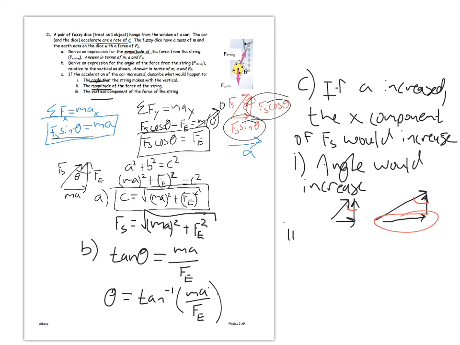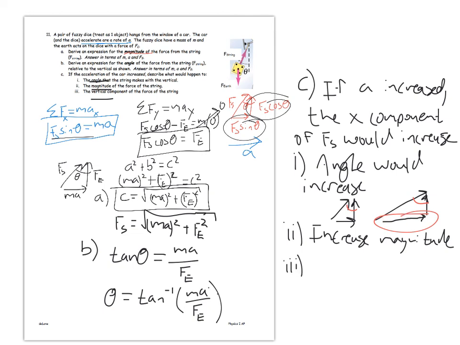The other thing we do is we increase the overall magnitude, and once again, we could see this from the equation that we've just derived, which is over here. Increasing this term is going to increase the overall magnitude. Or we could look at our picture. We clearly can see that this hypotenuse and this hypotenuse are not the same, and this one is more because it has that increased x component.